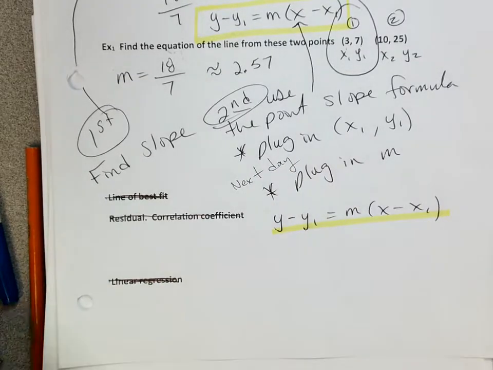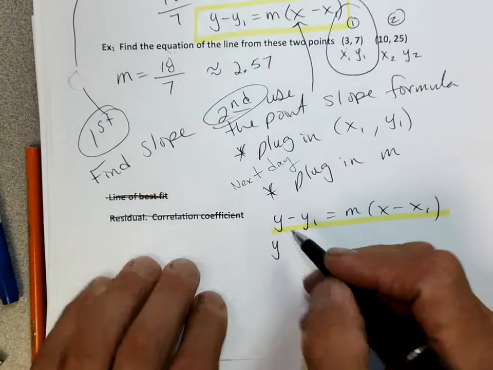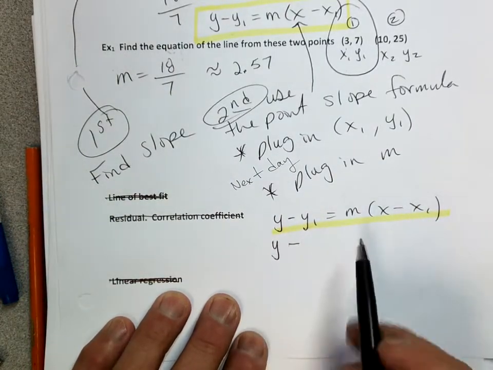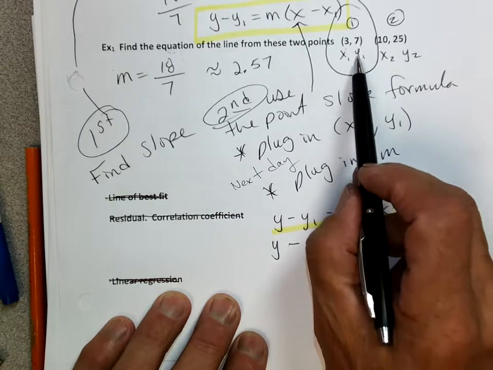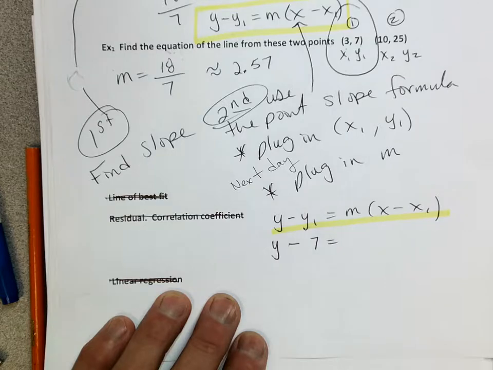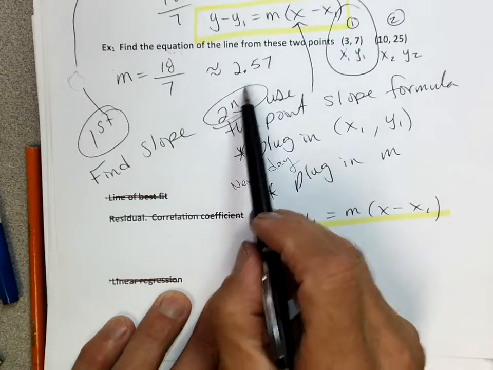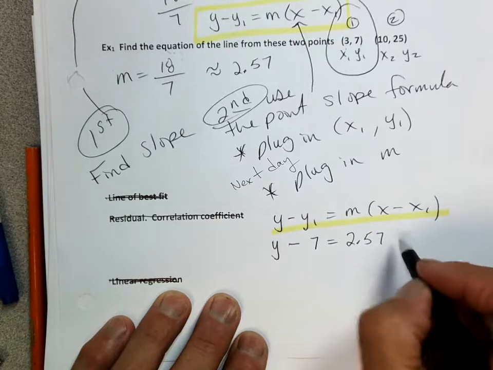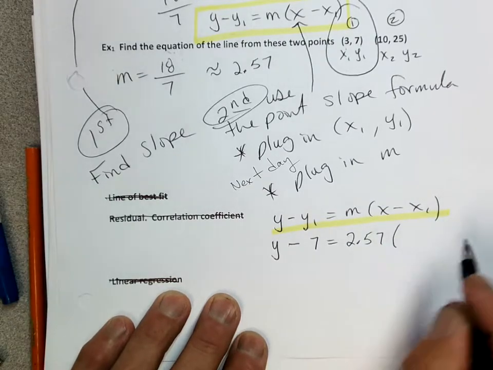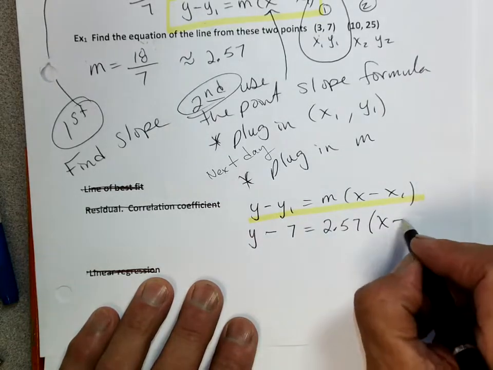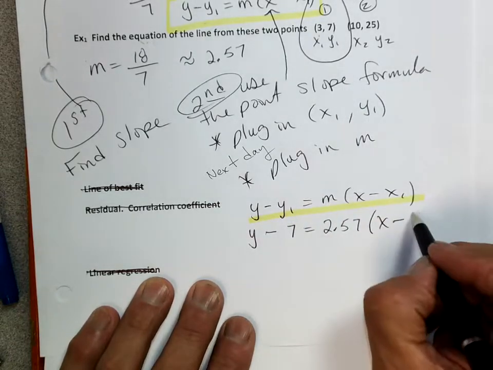I'm going to go y, and like Landon asked, that's regular y, the variable y, minus y1, which is my 7, equals m, my slope, 2.57, parentheses, x, because that's my x variable, minus x1, which is my 3.